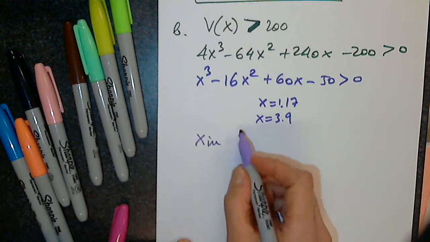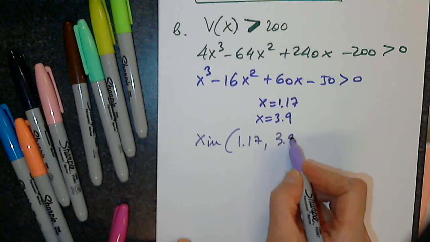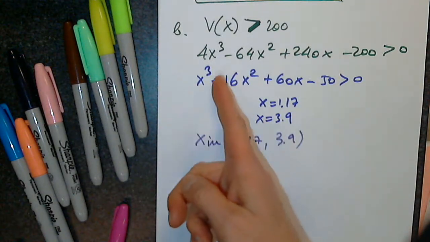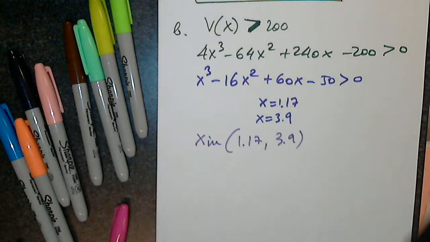Between 1.7 and 3.5, because that's where this function that we just graphed is positive. Awesome. Very good. Well done. Exactly. That was part B.